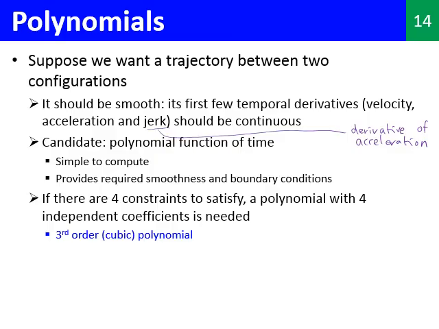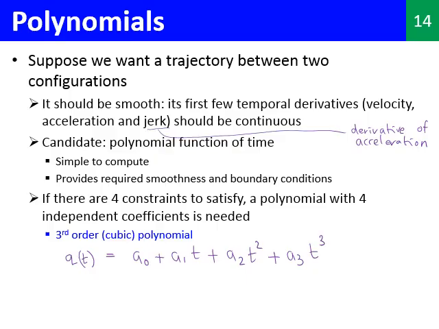So we can write this as q(t), which is the joint trajectory, equal to a0 plus a1 t plus a2 t squared plus a3 t cubed.